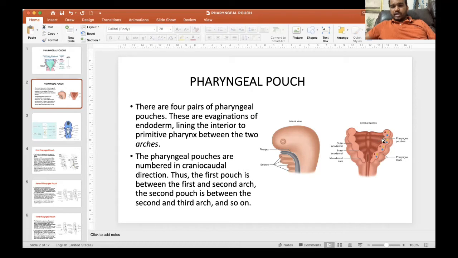The inner side of the primitive pharynx is lined by the endoderm, and these invaginations of endoderm between the two arches are called the pharyngeal pouches.